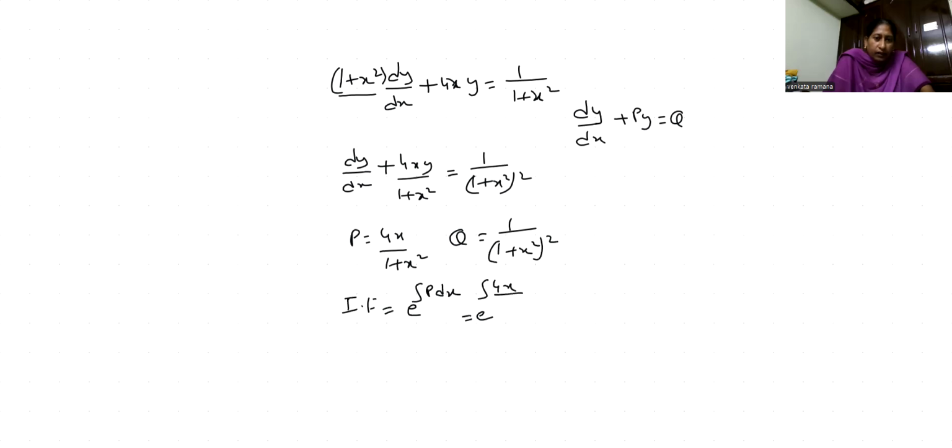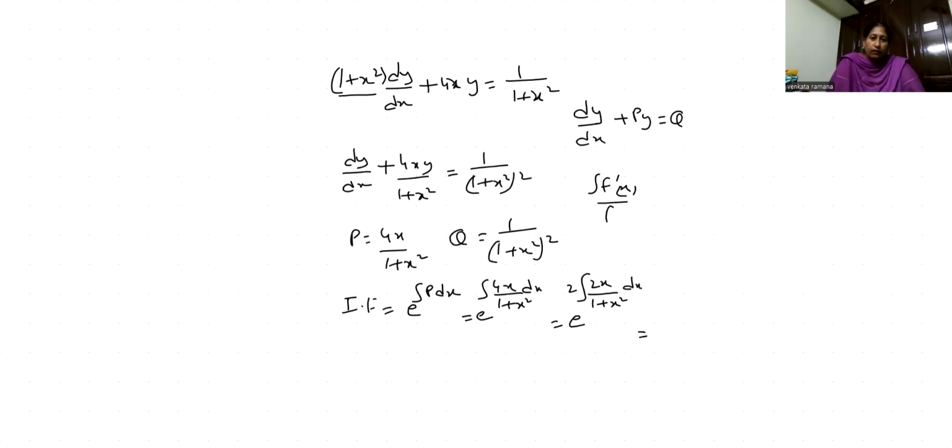We need to solve the integration. There is a formula: the integral of f dash of x by f of x. The derivative of 1 plus x square is 2x, so in the numerator we need 2x. So we split 4 into 2 into 2, and write 2 into 2x. The integral of f dash of x by f of x is log mod f of x.